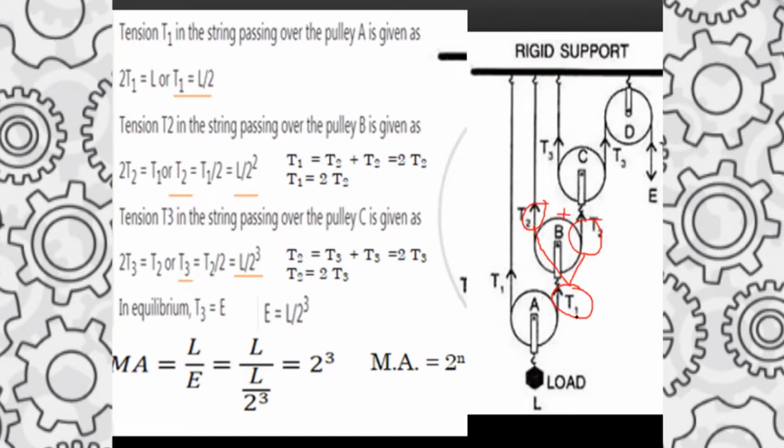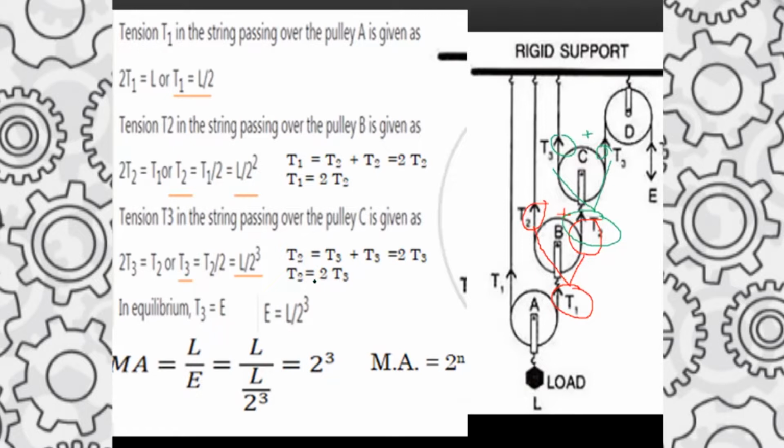Now again, if you see here, you can do the similar thing again. This T2 is supporting this T3 and this T3. So the sum of T3 and T3 will give us our T2. Come back here. This T3 in the string passes over the pulley C, and you can say 2T3 is equal to T2.